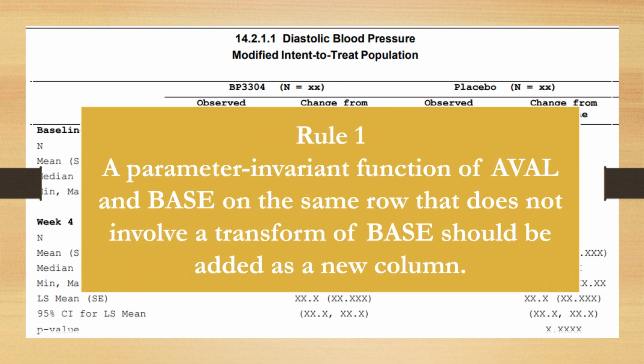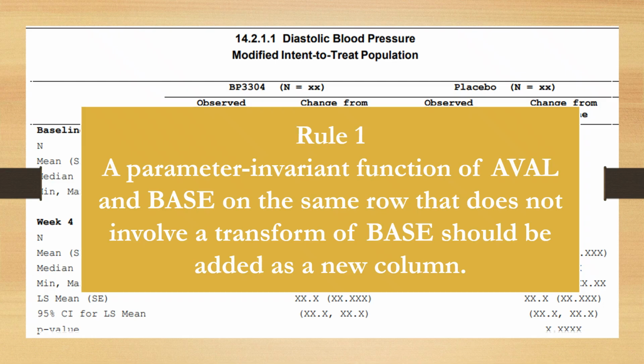Rule 1 says a parameter invariant function of AVAL and BASE on the same row that does not involve a transformation of BASE should be added as a new column. So when we are deriving the change from baseline information, that is independent from the parameter.